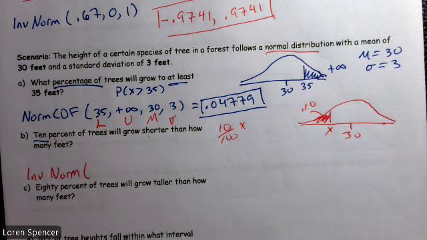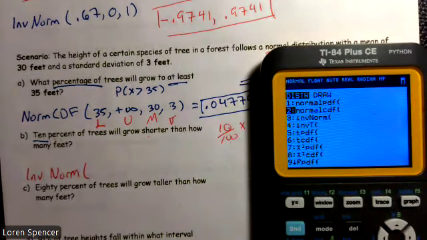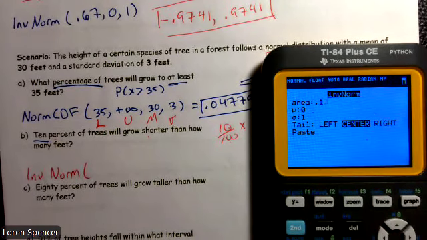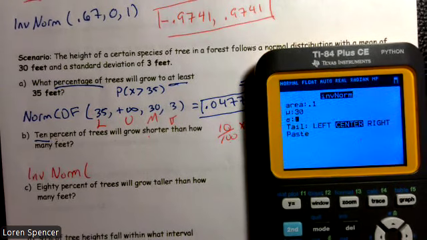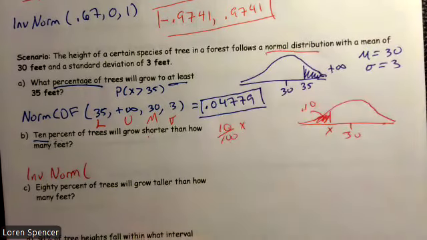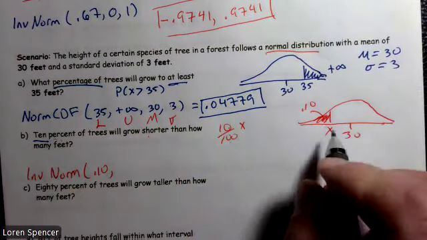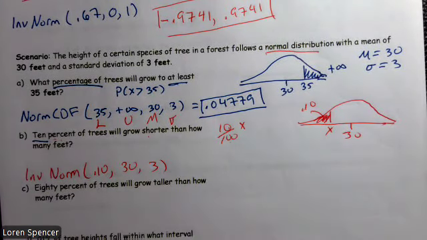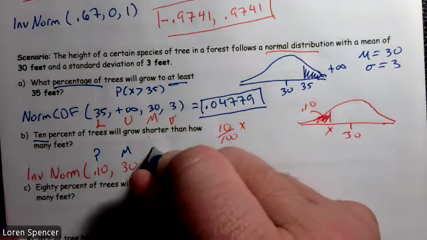So when we go to the calculator on inverse norm, it's going to ask for the area, which is 0.10. It's going to ask for their mean, which was 30. And they asked for the standard deviation, which was 3. So 0.10, mean of 30, standard deviation of 3. There's our probability or our percent, our mean, our standard deviation.